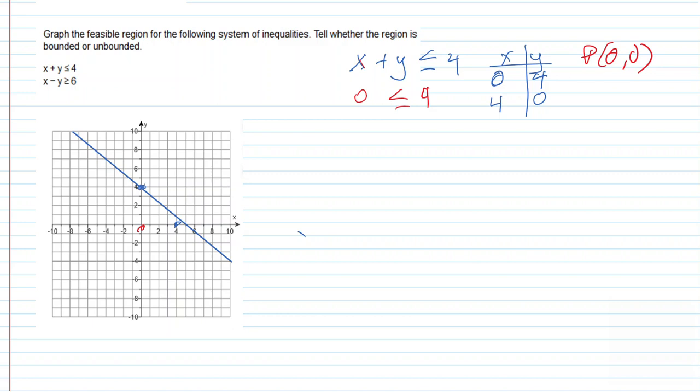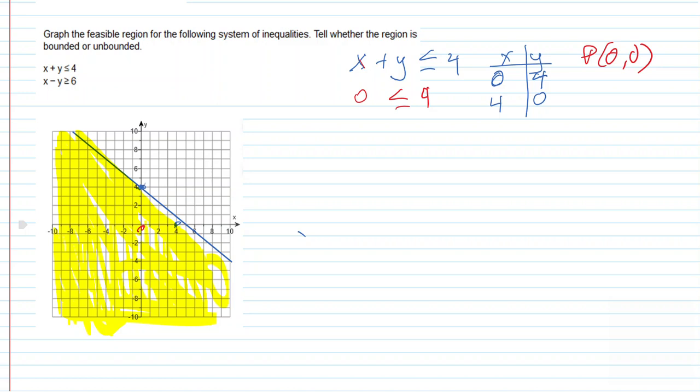So we're going to shade going down. And this gets us a precursor to what we're going to be doing for optimization. All right, linear programming.